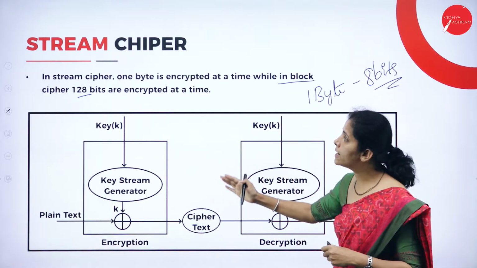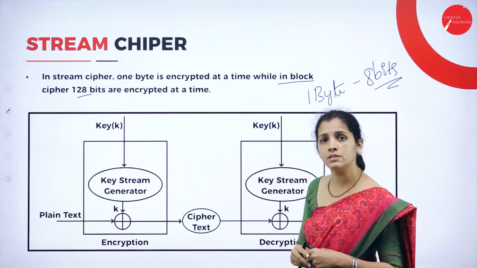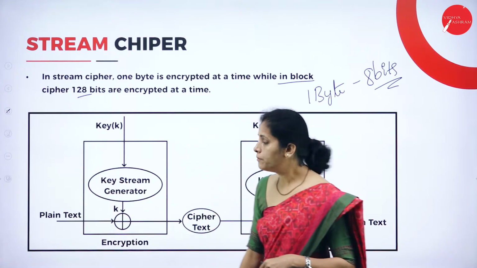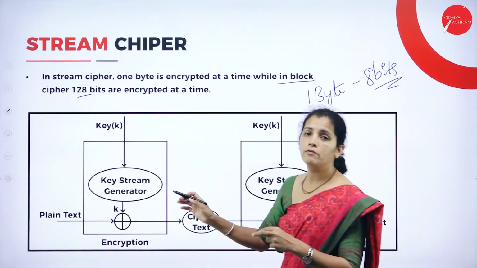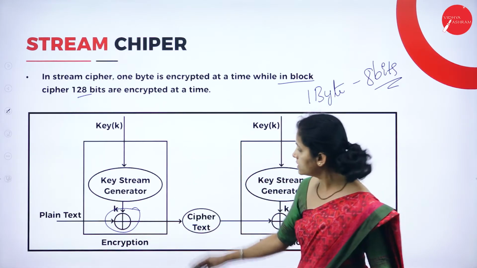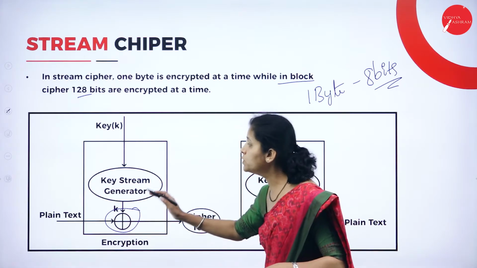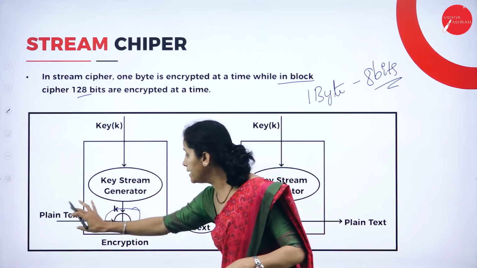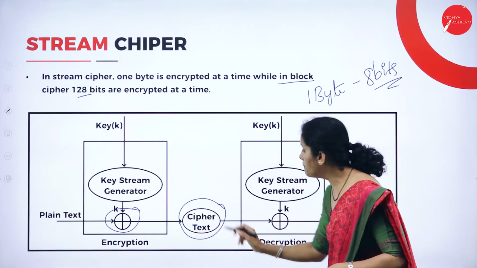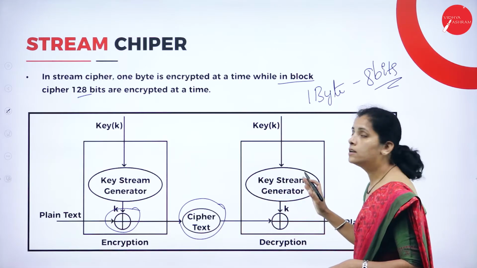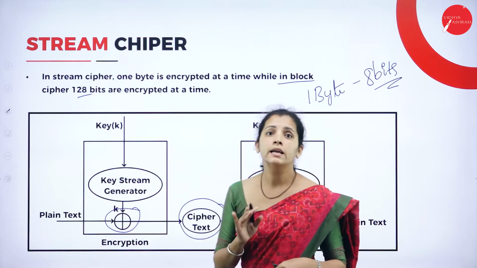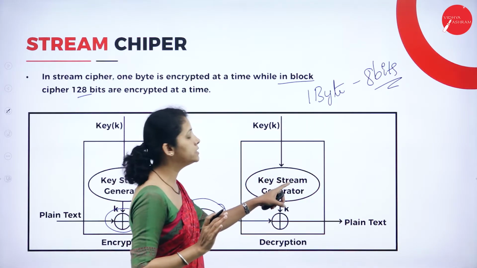So this is the diagram used to illustrate stream cipher. Here we have the plain text, and for that we have the key and we perform an XOR operation. After performing the XOR operation with key and plain text, I get the ciphertext. Now this ciphertext is sent to the receiver. At the receiver side, we apply the decryption algorithm along with the key.